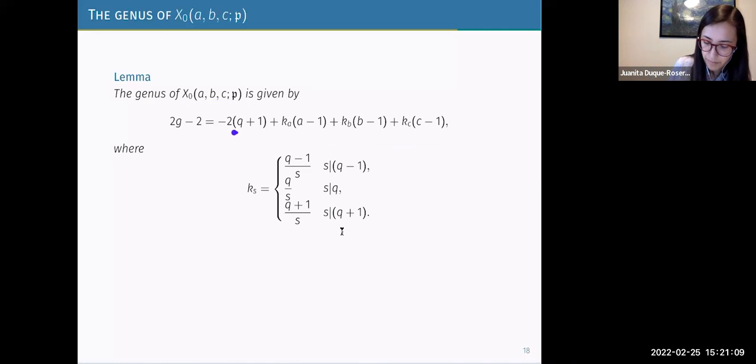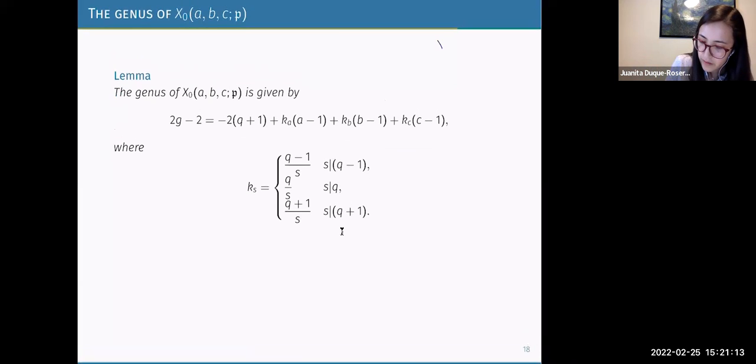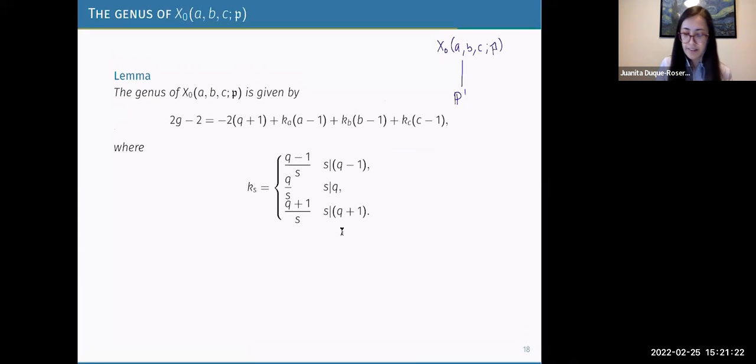What we have is a cover of X naught of A, B, C, comma P, a cover of P1, and this cover turns out to have degree Q plus 1. So we have -2 times the degree, and then we just need to understand the ramification of this cover. It turns out that this cover really wants to be totally ramified.